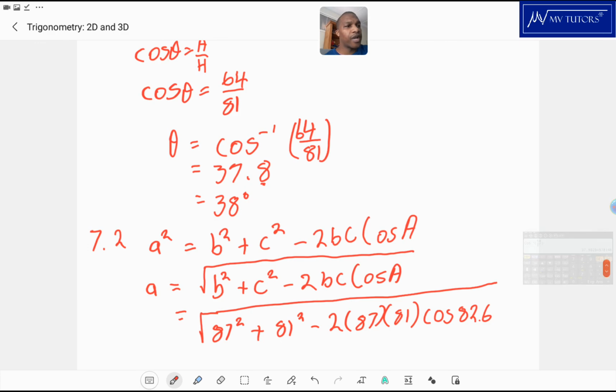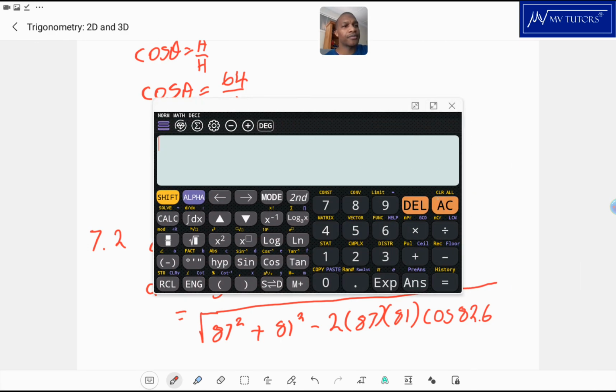All right, let's bring out our calculator. The first thing you do, open your square root and then put 87 squared plus 81 squared minus 2 times 87 times 81 times the cos of 82.6.